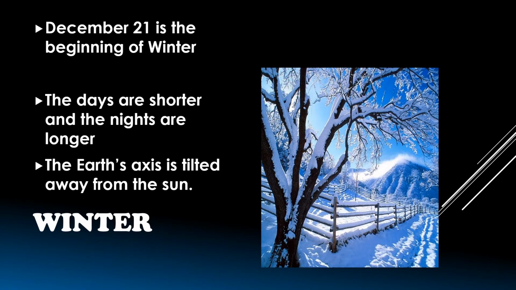December 21st is the beginning of winter. The days are shorter and the nights are longer, and so December 21st is our winter solstice. And we'll talk more about solstice and things like that in just a minute.